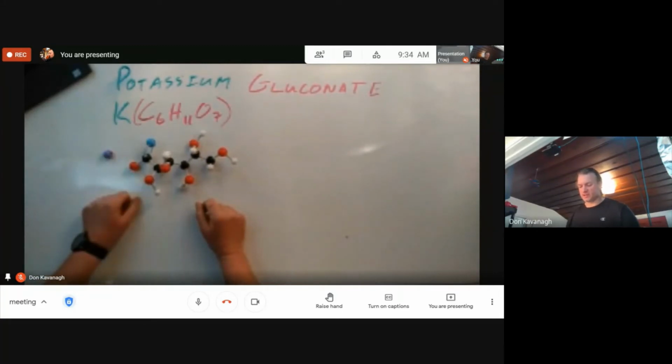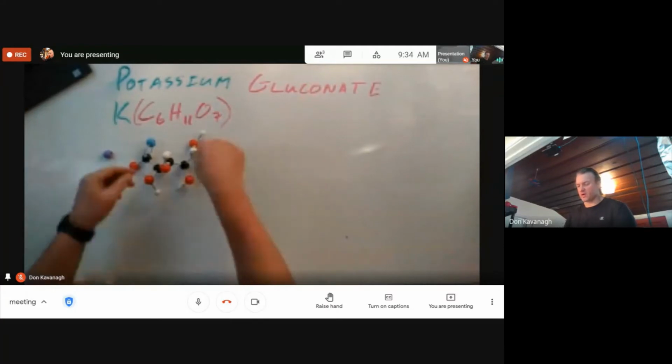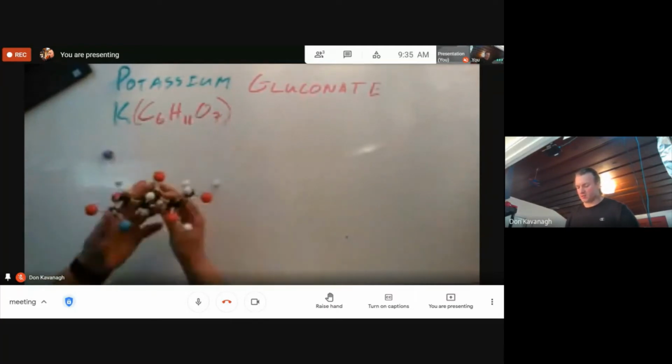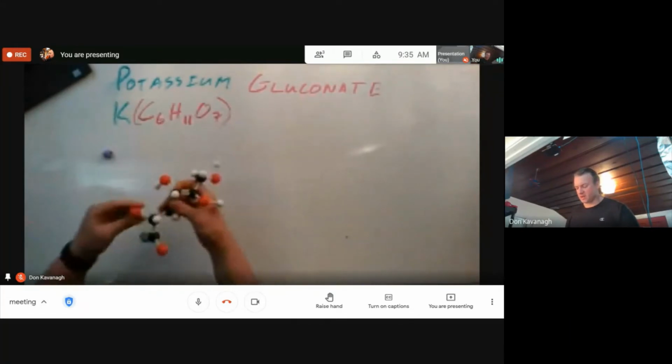Now the structure that these take in the body is not quite like this. Real quick, I just want to show you how the oxygens each contain a lone pair of valence electrons on them.